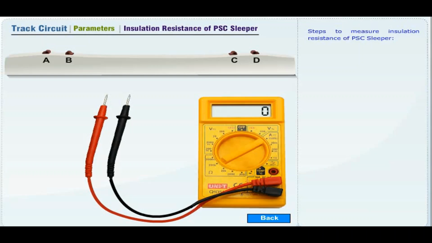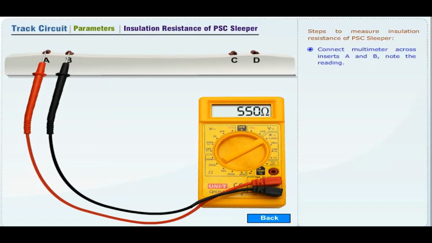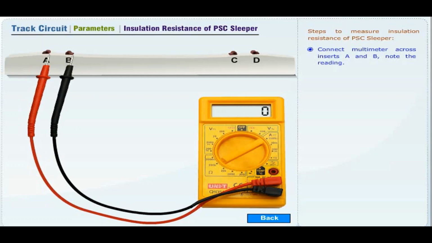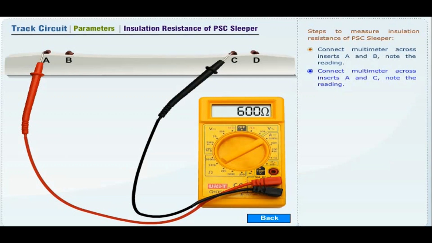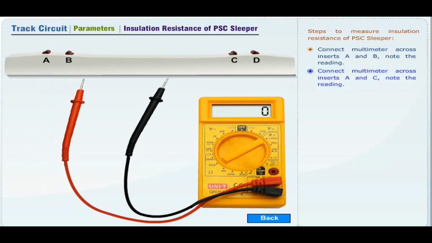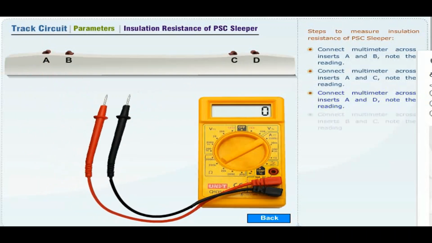Steps to measure insulation resistance of PSC sleeper. Connect multimeter across inserts A and B. Note the reading. Connect multimeter across inserts A and C. Note the reading. Connect multimeter across inserts A and D. Note the reading.